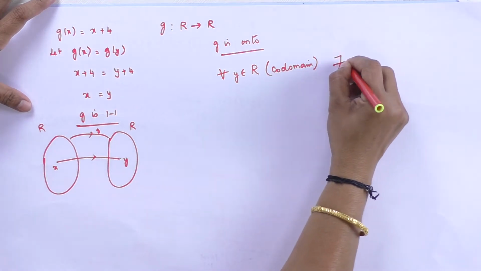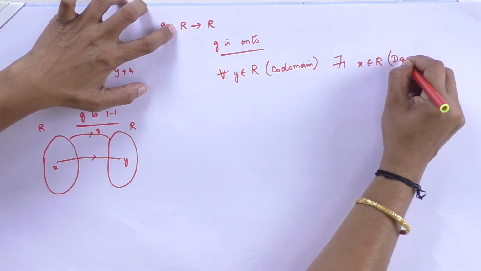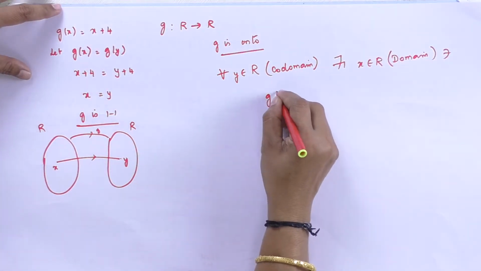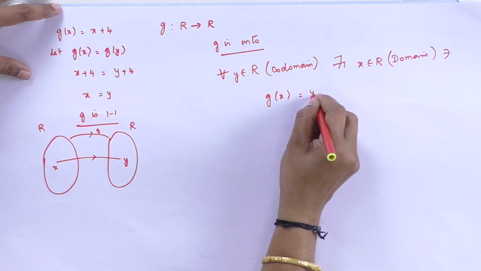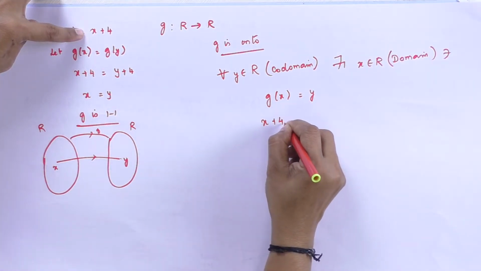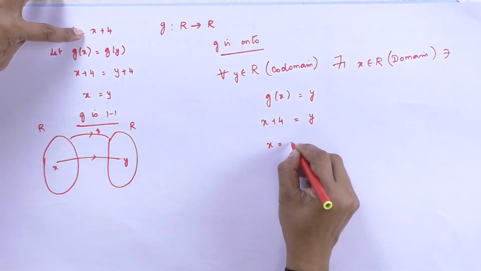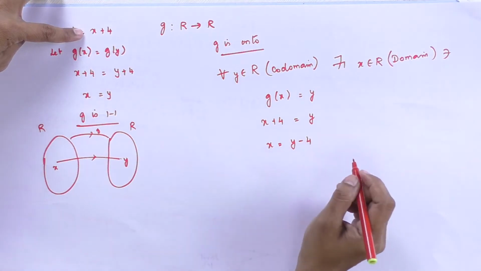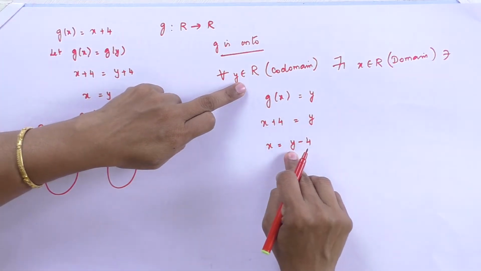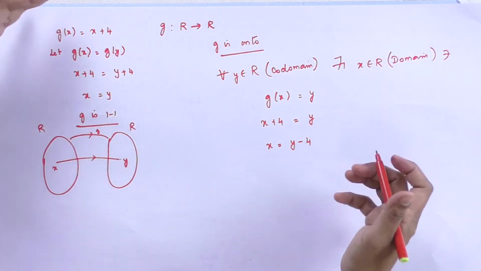So, g of x is x plus 4, so x plus 4 is equal to y. Find out what x is: x is equal to y minus 4. For each and every real number y, I will have to prove that x also belongs to the real numbers. Let me check now.